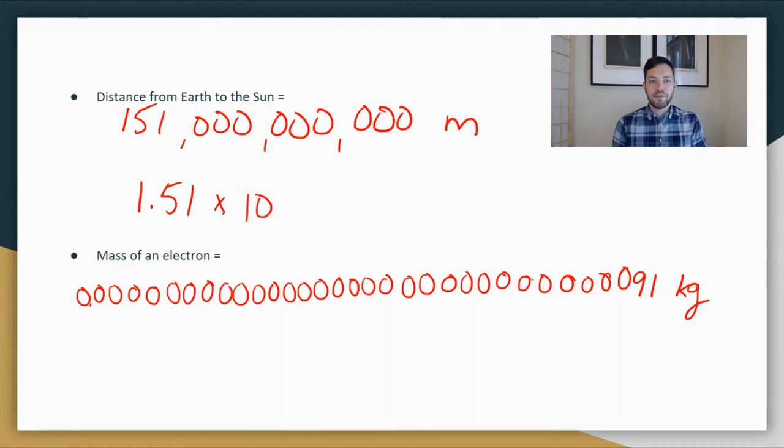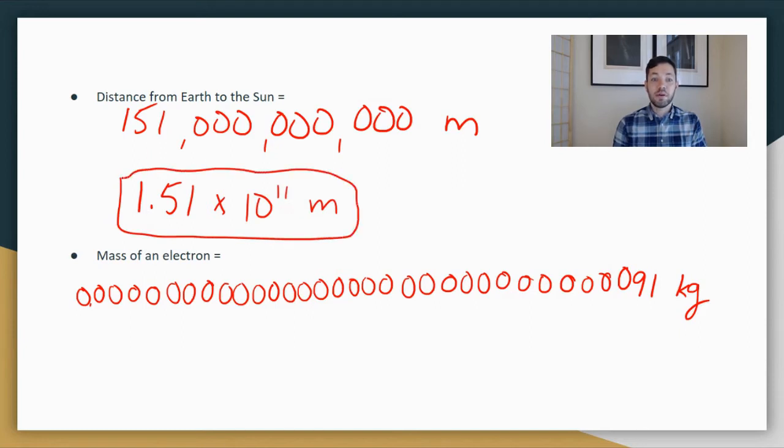So that becomes 10 to the 11th power. And that is the same number. These are exactly the same number. They are identical. But writing it like this is a lot easier. It saves us time. It saves us brain work of trying to keep track of the number of zeros.